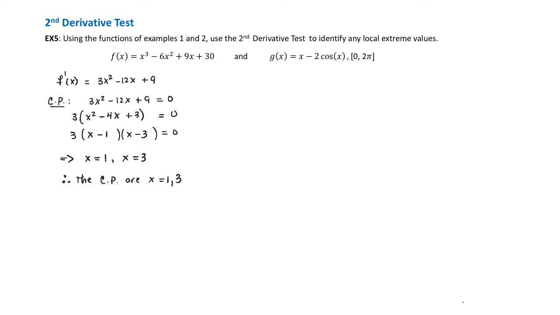So this is where the function may have local maximum, local minimum. Instead of doing the first derivative test, though, I'm going to proceed with the second derivative test. In order to do that, we're going to find the second derivative of the function.